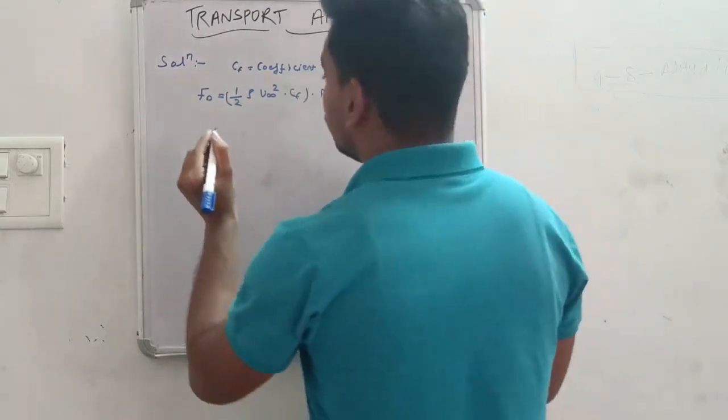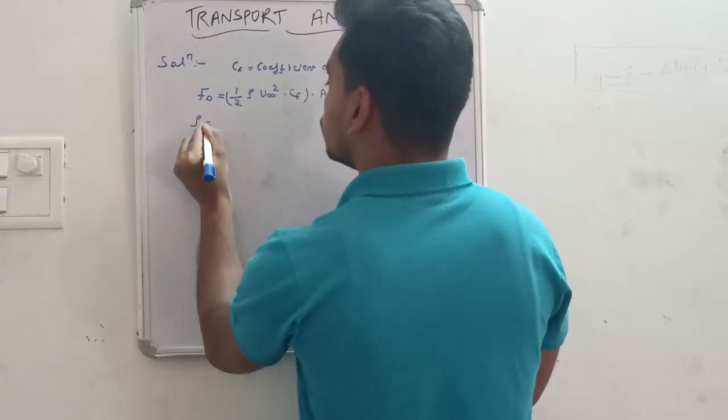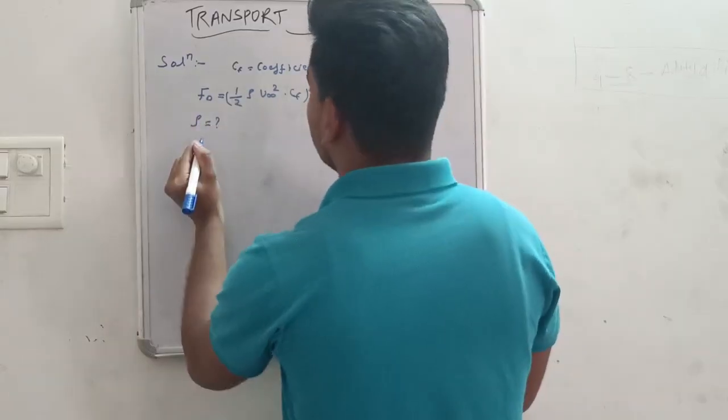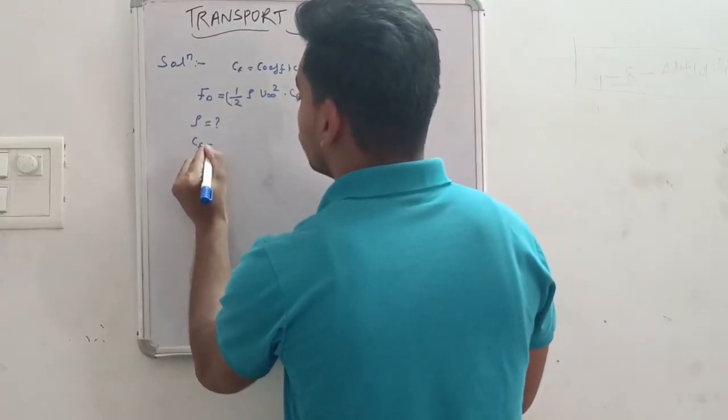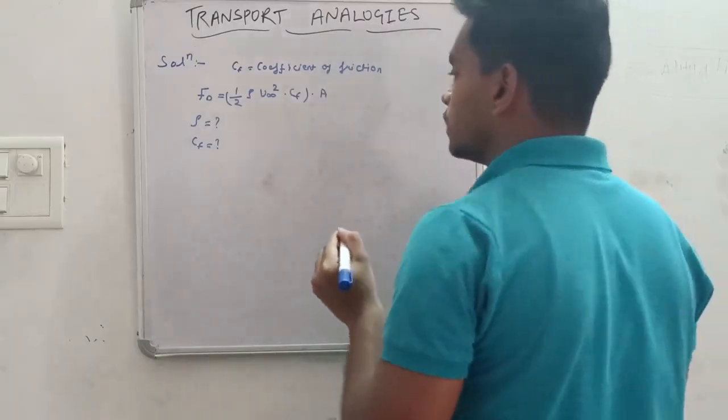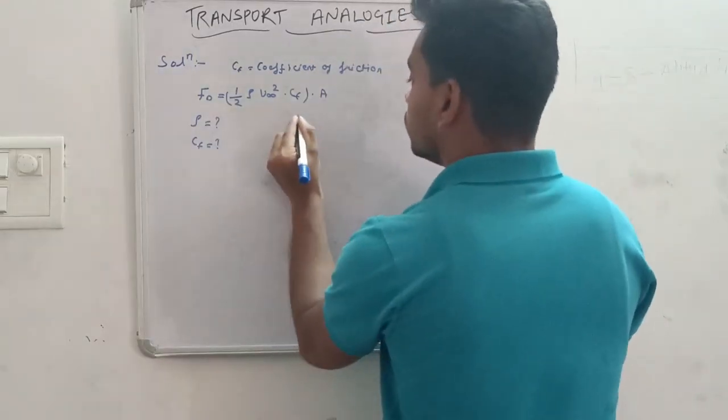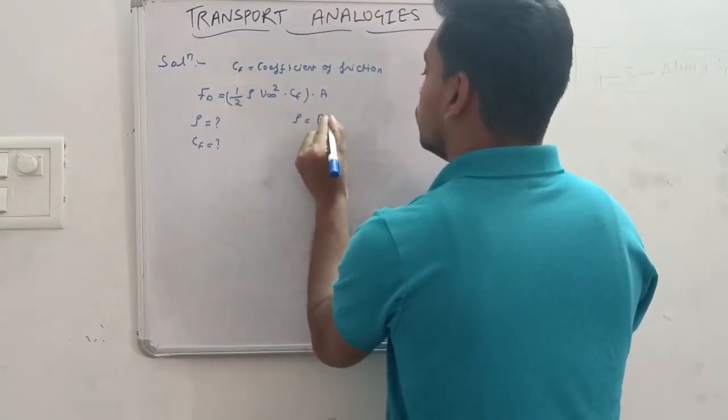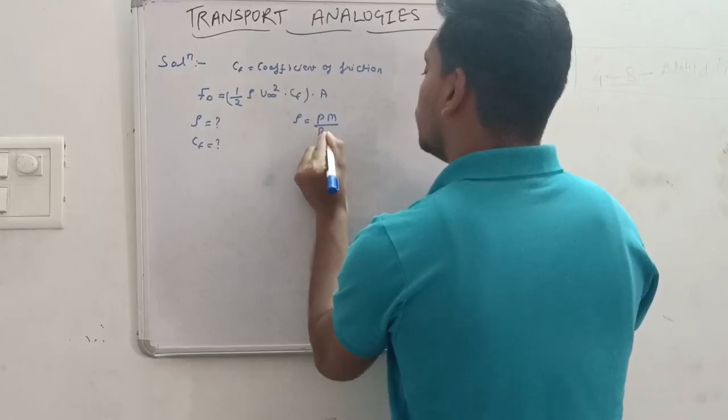We don't know the value of density and the value of CF. So firstly we will calculate the value of density of air. We will calculate here rho is equal to PM by RT.